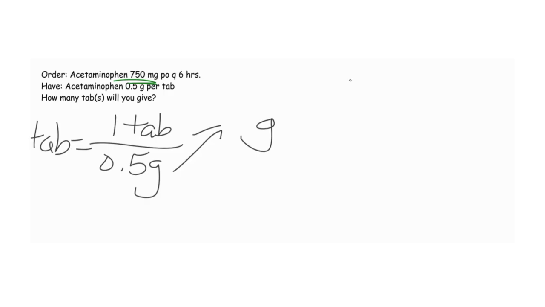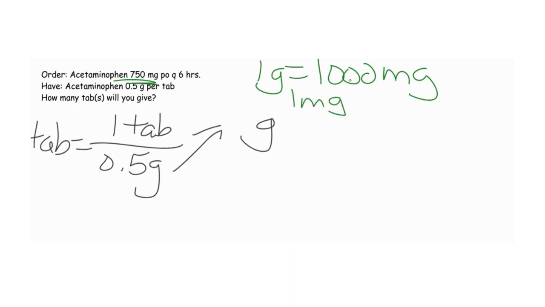Like I mentioned before, with dimensional analysis you don't have to remember formulas, but you do need to remember conversions, because you need to use the conversions in your equations when you have to convert. Okay? So if you remember your conversions, 1 gram is equal to 1,000 milligrams, right? 1 milligram is equal to 1,000 mics.